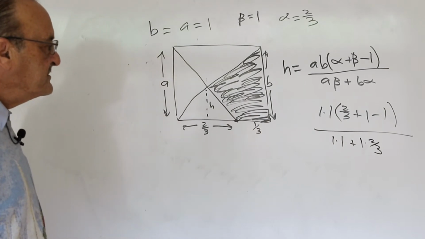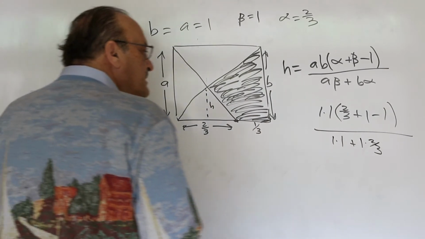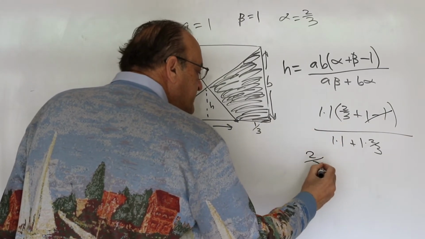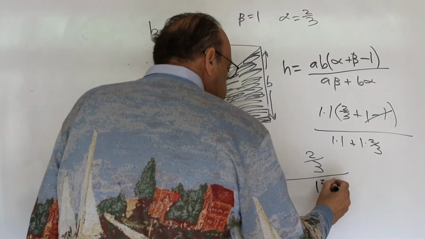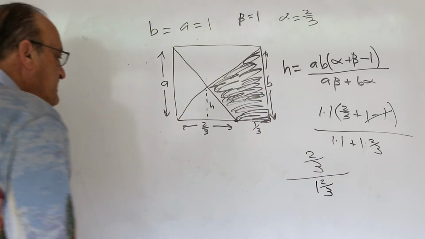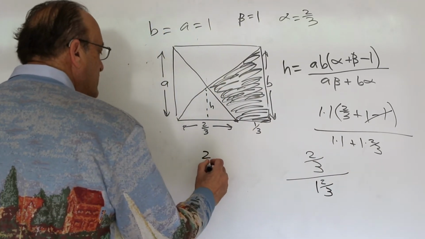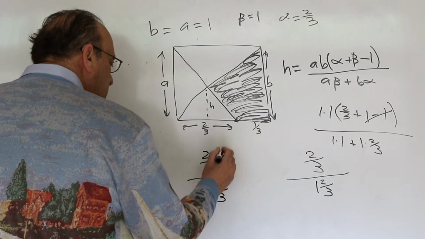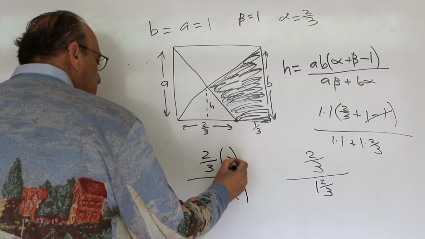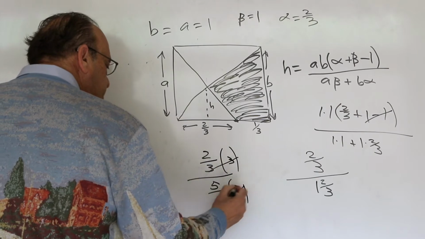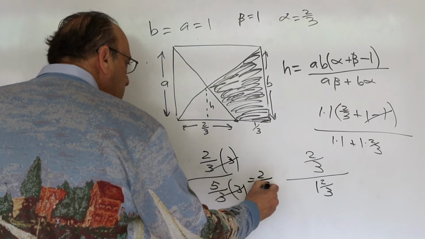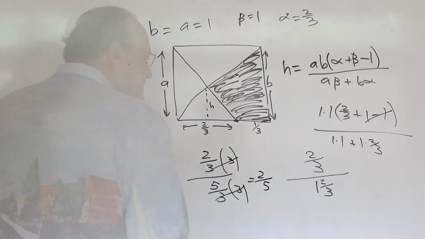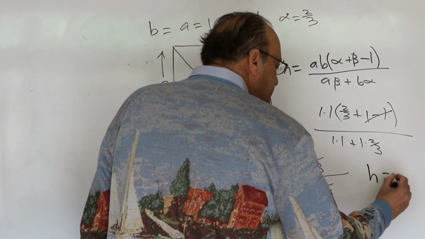Now, here the 1 and the minus 1 cancel. We end up with 2/3 in the numerator, and the denominator will be 1 and 2/3. This turns out to be 2/3 over 5/3, times by 3 and cancel, and we get 2/5. So this is supposed to be 2/5 of the way up. That looks about right. H equals 2/5.